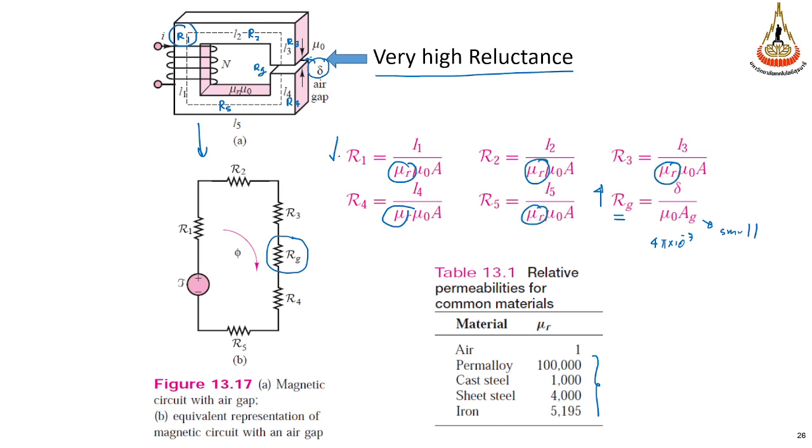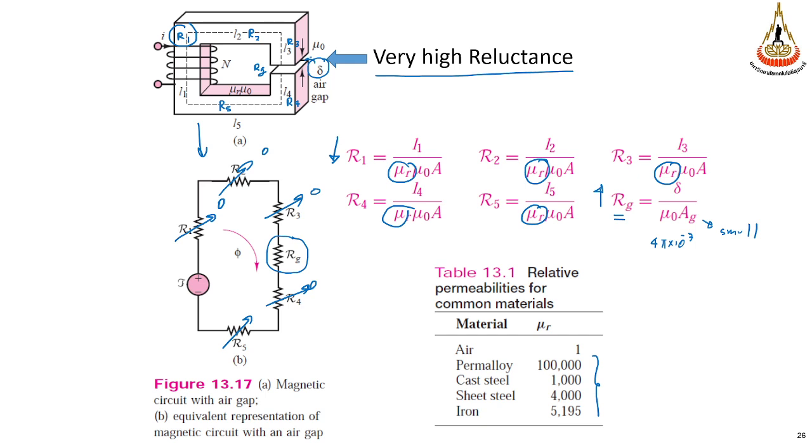So R1 is low, RG is high, right? Approximately, we can almost neglect this part. And we will have only RG in our circuit, right? It becomes easier, right?